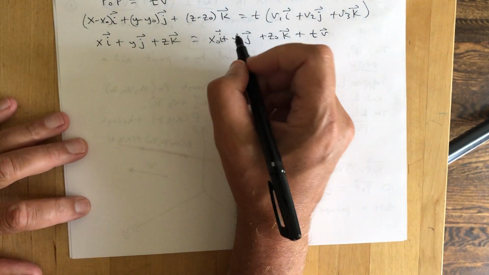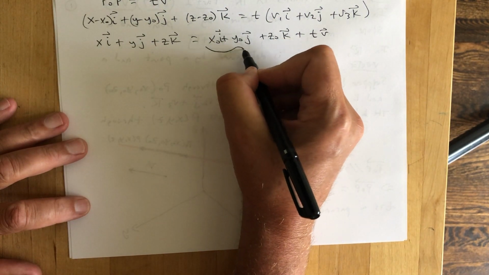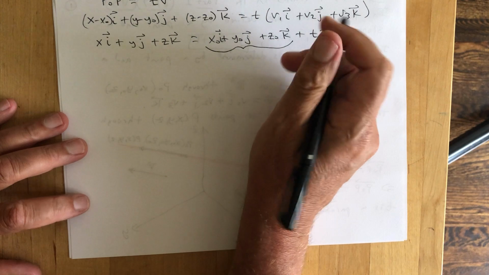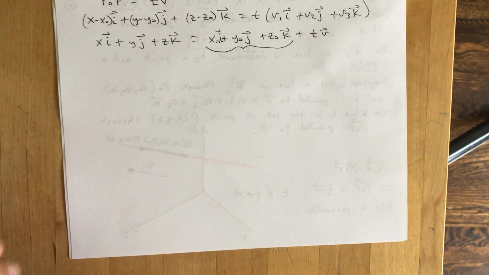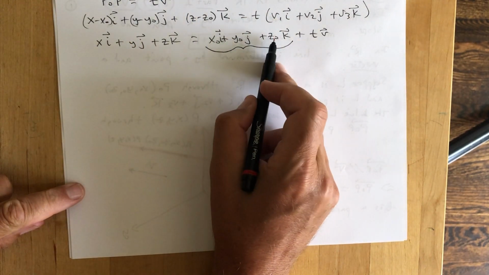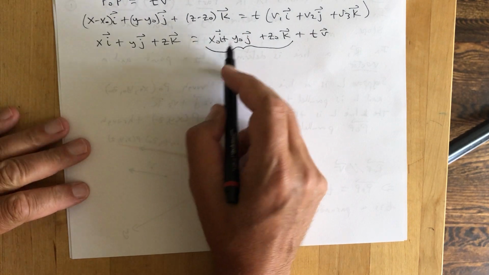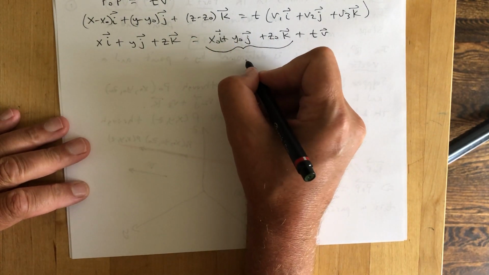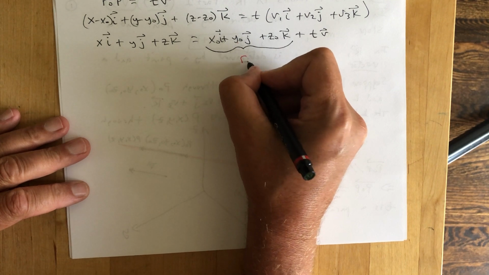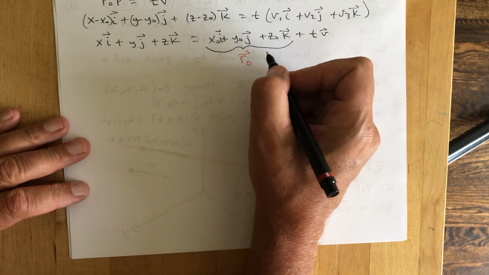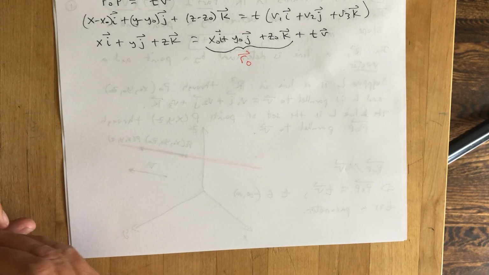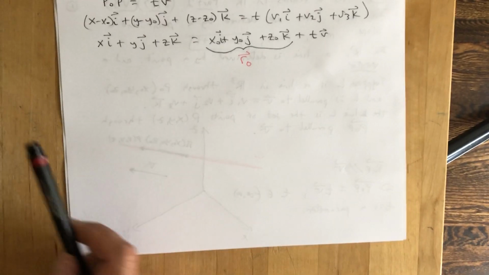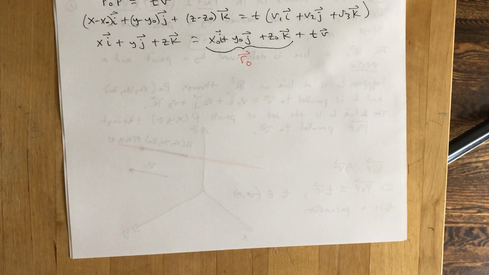Okay, so this is a vector. x naught, y naught, and z naught are given. So this vector x naught i plus y naught j plus z naught k, we're going to call the position vector r naught, which has coordinates x naught, y naught, z naught.